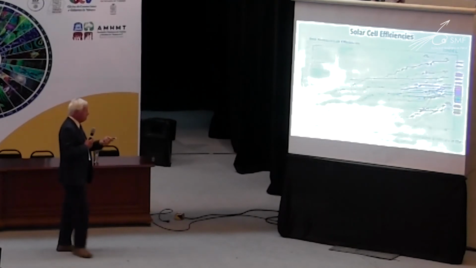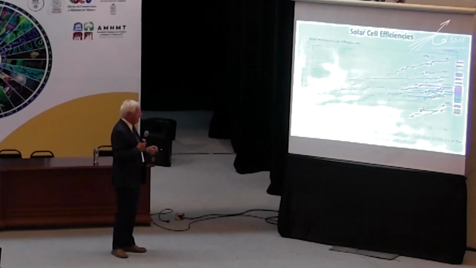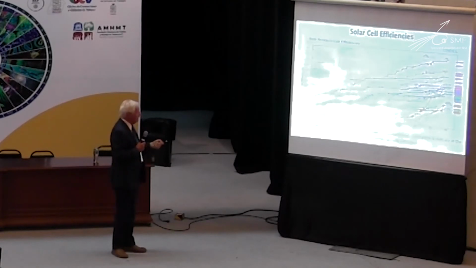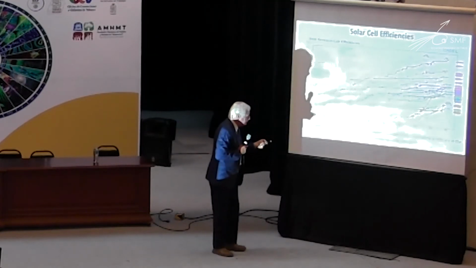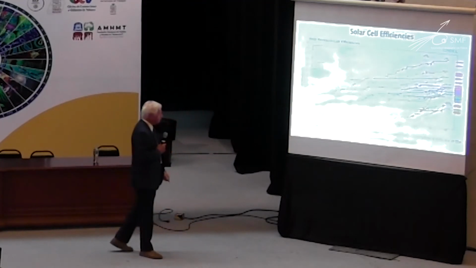These are just a graph of different solar cell efficiencies. You'll notice that the curves all seem to go up. They go up with a little positive slope. So they're improving. This is 1975 or so, up to 2015 or 16, 17.